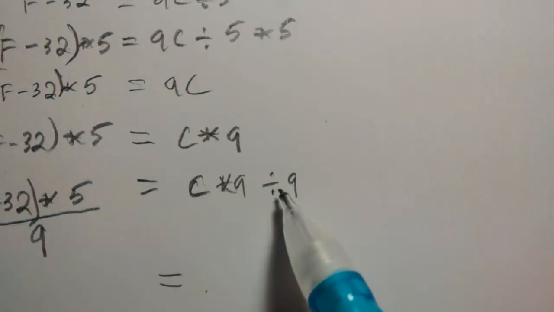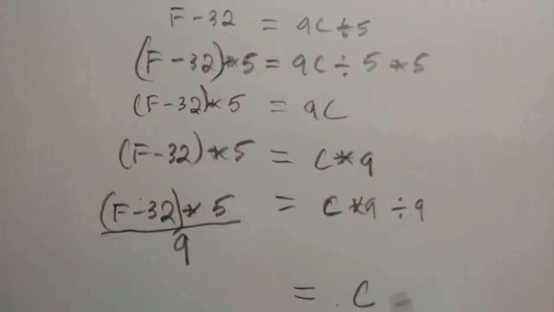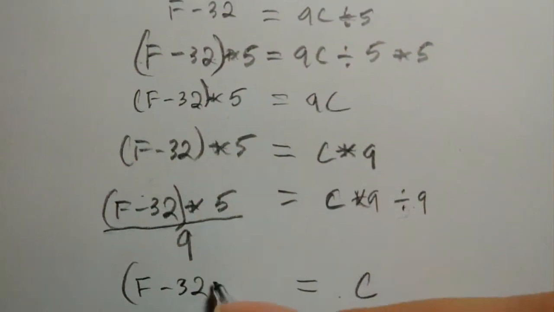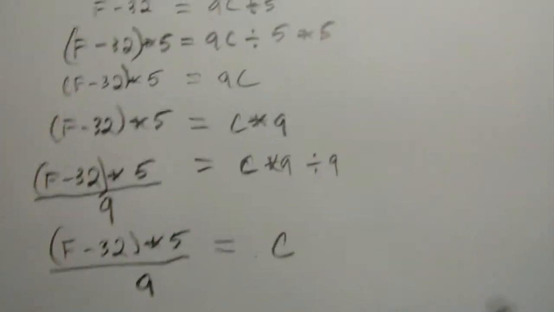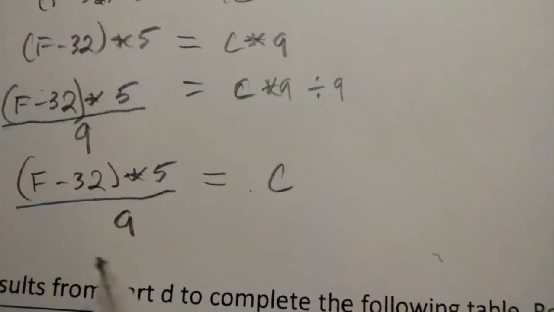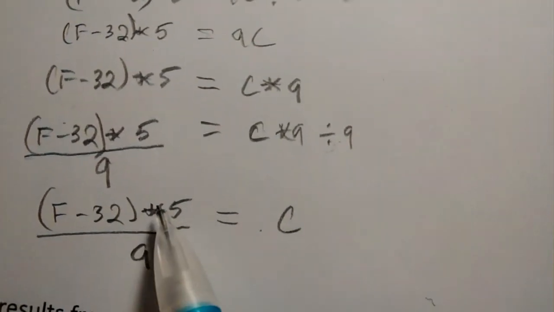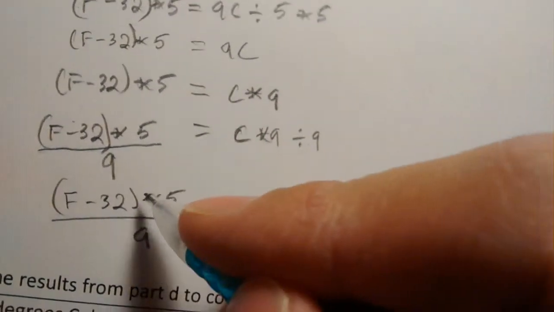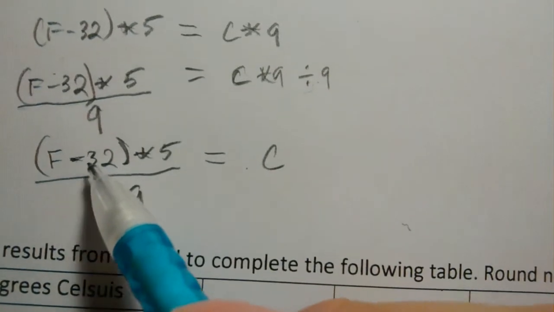So what we have here is this. These two undo each other, and I have c equals this expression. You can think of it as a fraction if you'd like. So there it is, c equals this expression. Now you may want to take it further, and you may not like this, but this multiplying of 5 with this quantity actually distributes to both pieces of this subtraction.